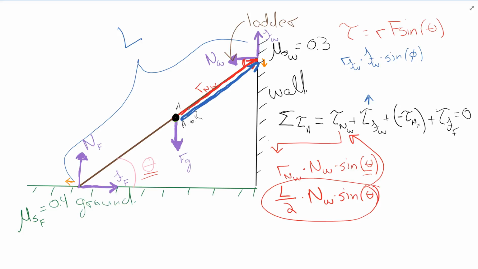Okay, well, using the same argument that I made for the lever arm of the normal force from the wall, I can see that the lever arm for the force of the friction from the wall will also be L over 2, because it's half the length of the ladder, times the force of friction from the wall times, now we have to be a little bit tricky, because the angle is going to go from my lever arm to my force.